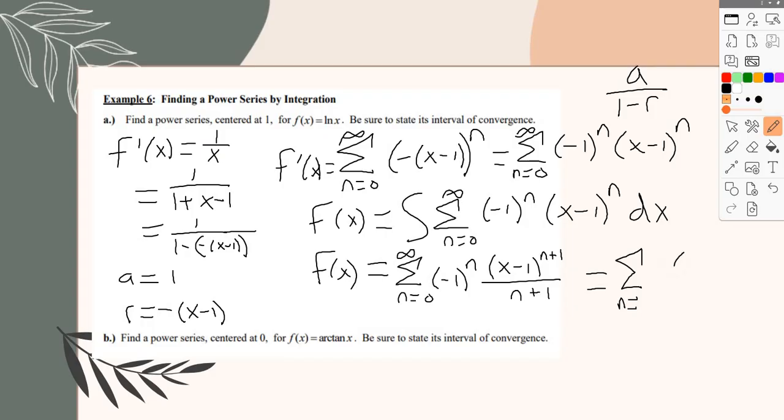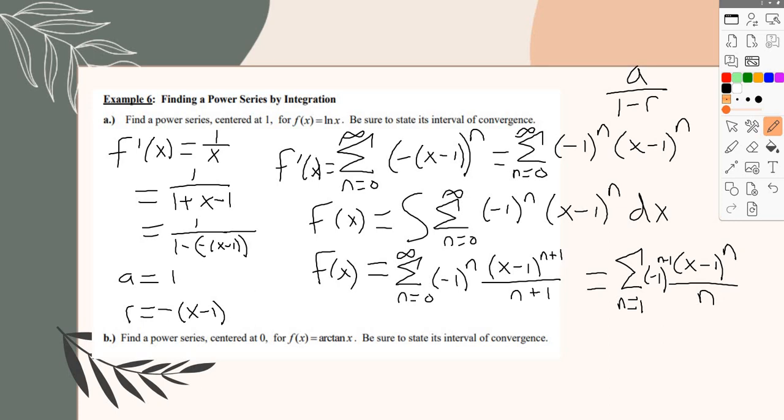So if I just wanted to have an n here, what would I need to adjust my bottom starting spot to? 1. That way I still get a 1 as my exponent. Which means that I also have to adjust my others. So this now just becomes n, and this becomes negative 1. I also have to go backwards 1 with that one as well. So now that becomes n minus 1.